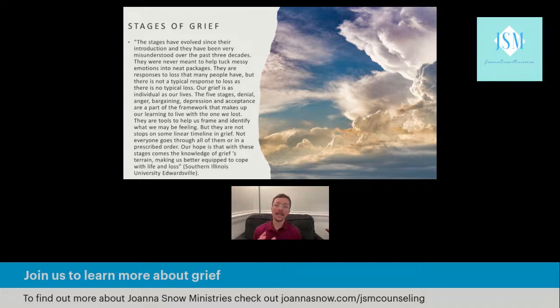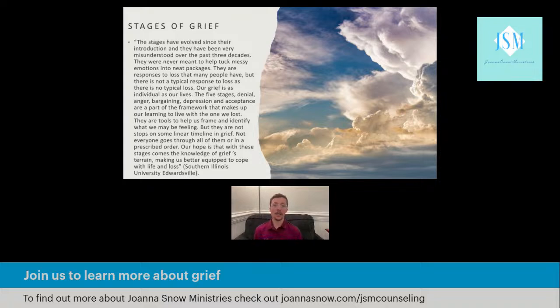And so I really liked what this quote was basically trying to say, that these stages are not meant to tuck these messy emotions up into neat packages, right? They're just ways of trying to understand grief. It's a framework of learning to cope with what we've lost. That's really what we're looking at with these stages.